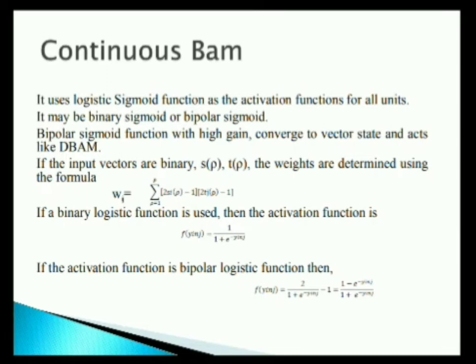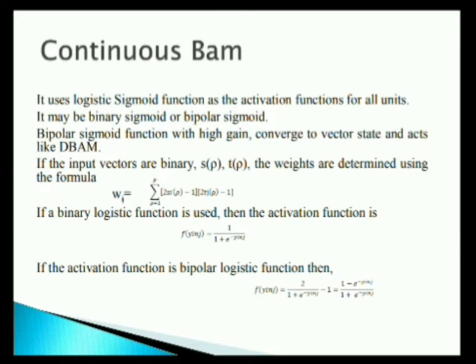The continuous BAM uses a logistic sigmoid function as the activation function for all units. It may be a binary sigmoid or bipolar sigmoid. A bipolar sigmoid function with a high gain converges to a vector state and acts like DBAM.